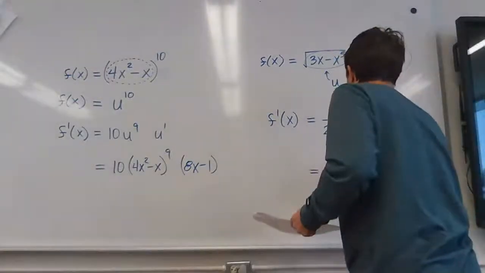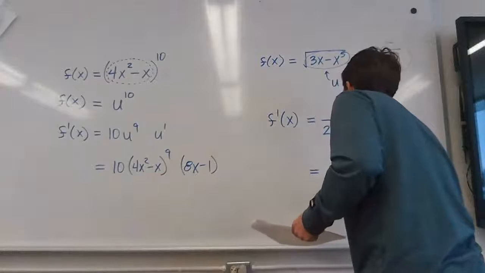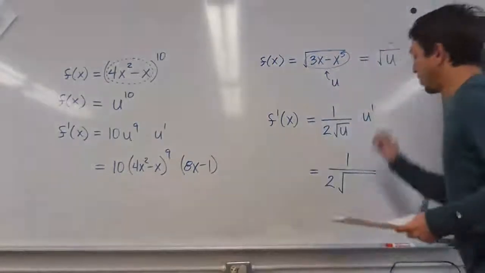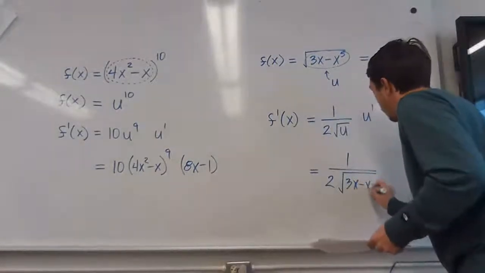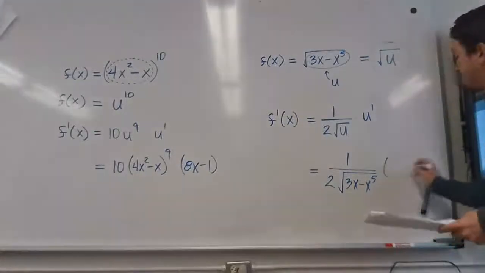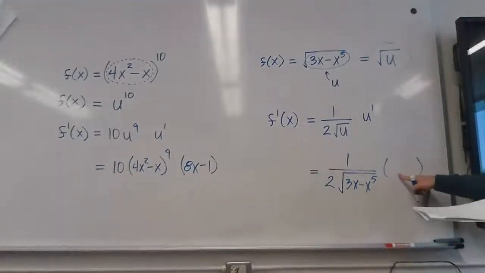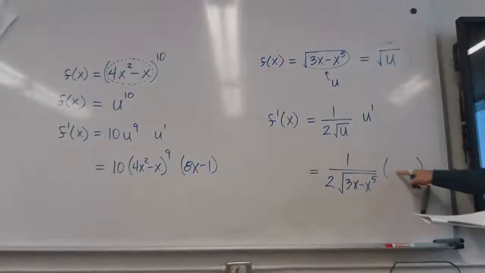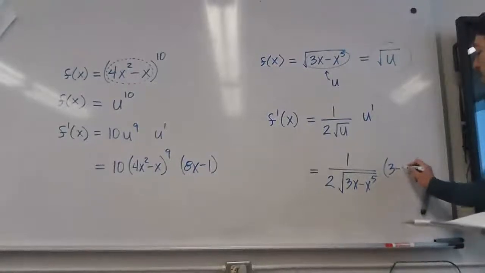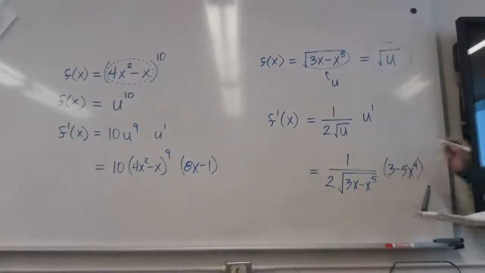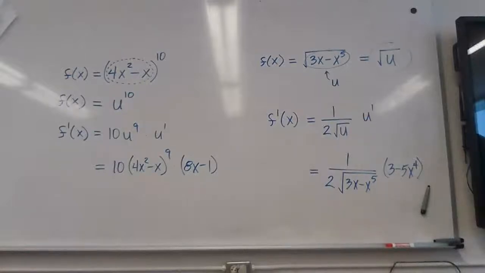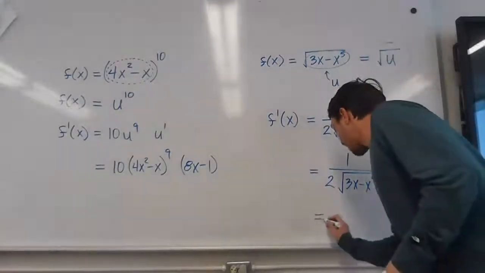So when we finally write our answer, I've got to erase this now. It would be 1 over 2 root u times, don't forget the parentheses, u prime. What's the u prime? 3 minus 5x to the 4. Now, you pretty much always see this get written this way.